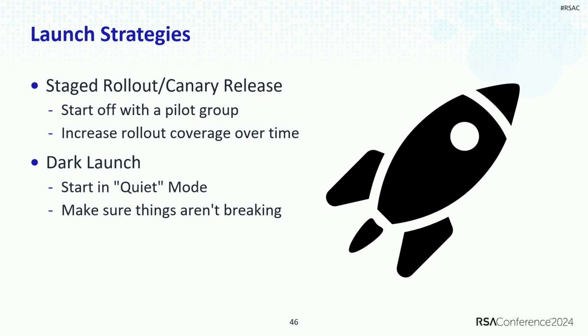And then also, there's this thing called dark launch. In dark launch, you want to start in quiet mode and then make sure things aren't breaking. Once you figure out that things aren't breaking, then you can turn it on basically, but we'll get there. So these are just some strategies that might work for you.